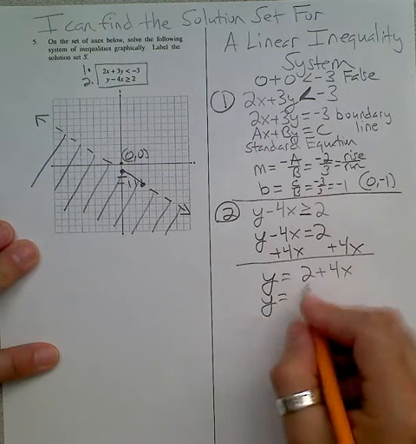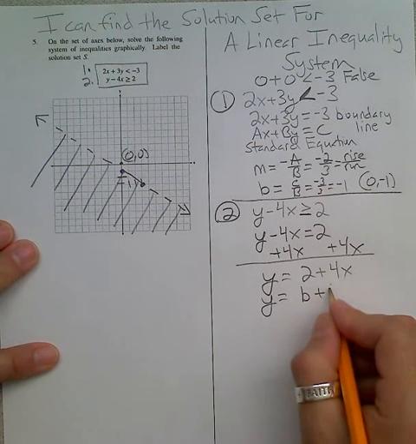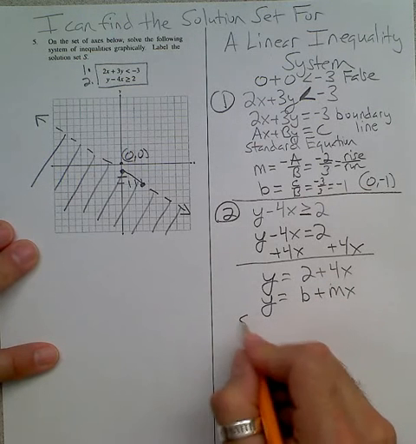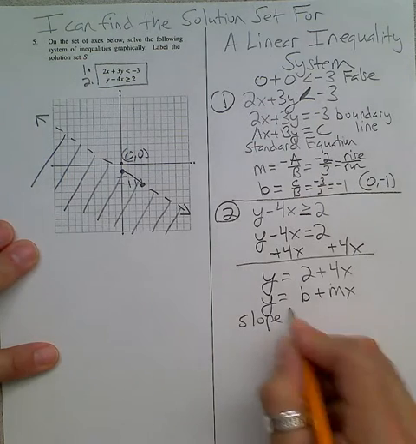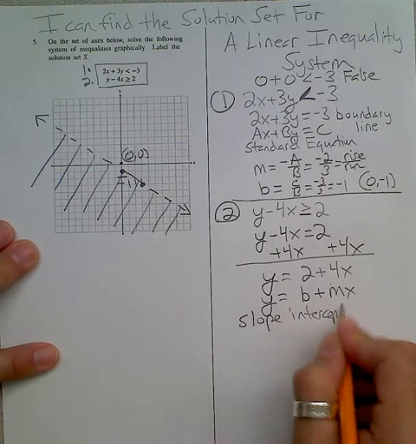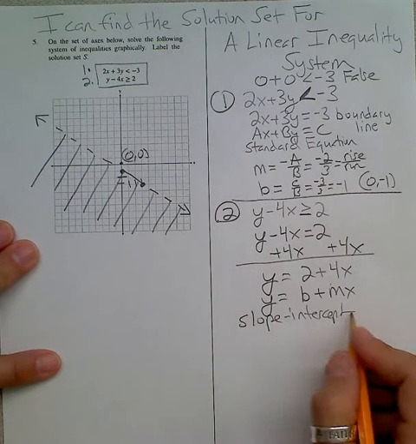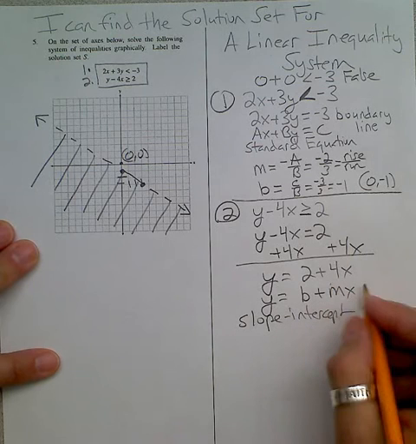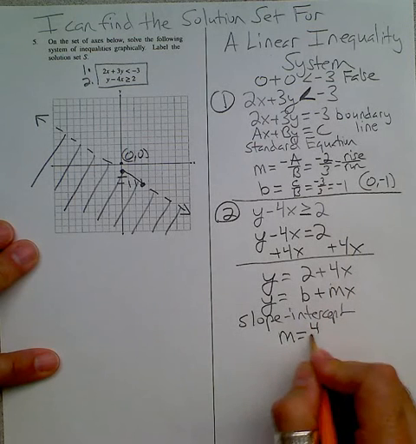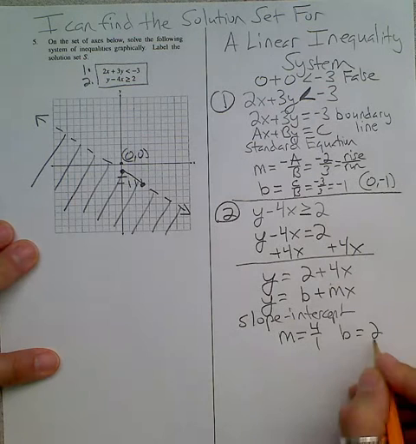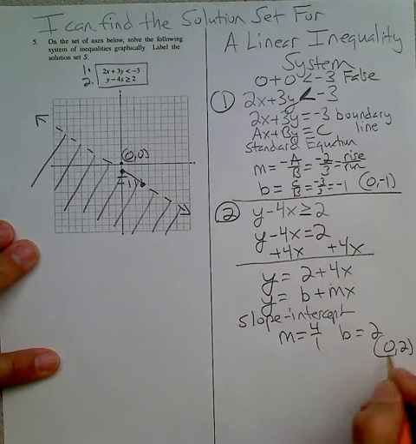This is in slope-intercept form. In slope-intercept form, the slope would be 4 over 1, and the y-intercept is 2, which represents (0, 2).